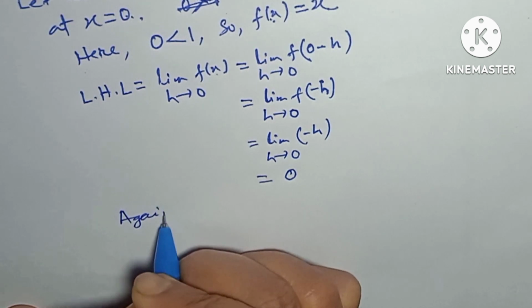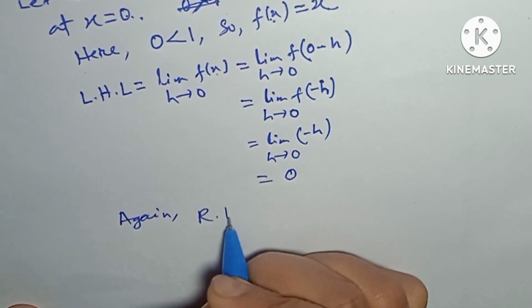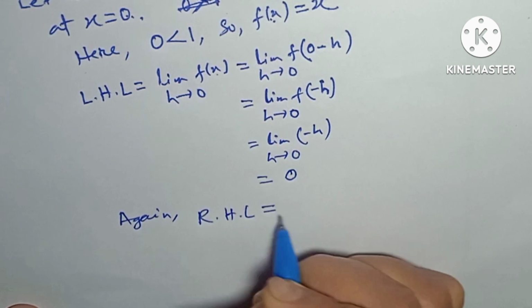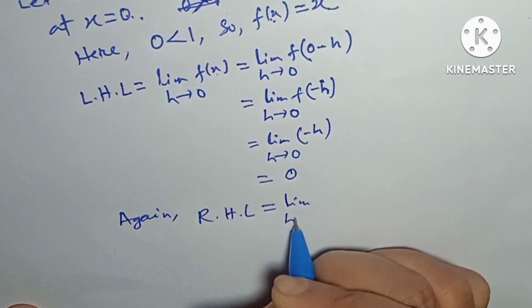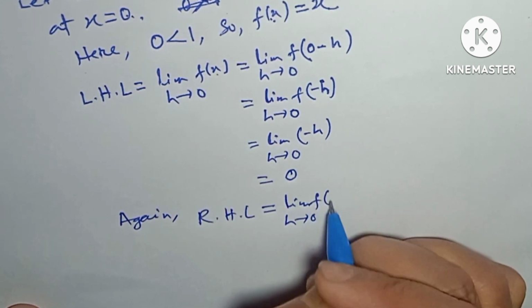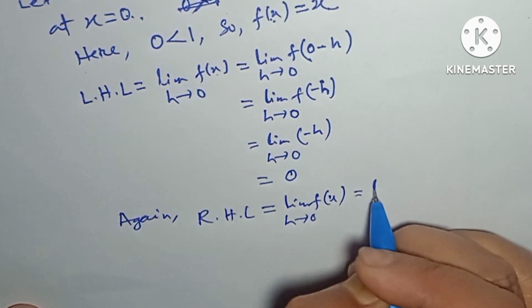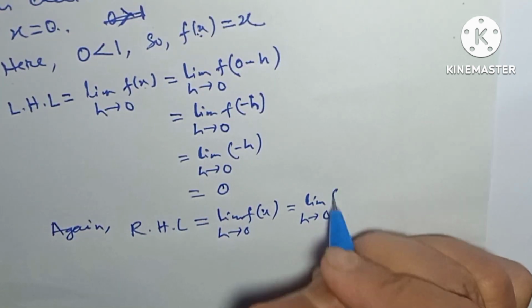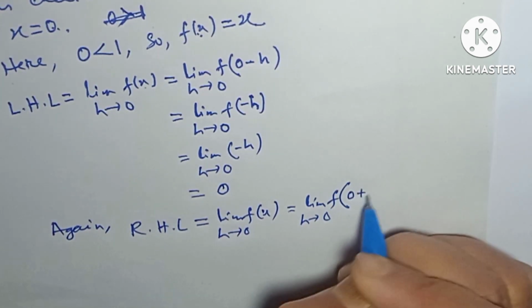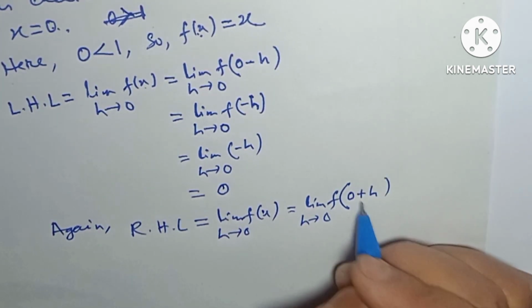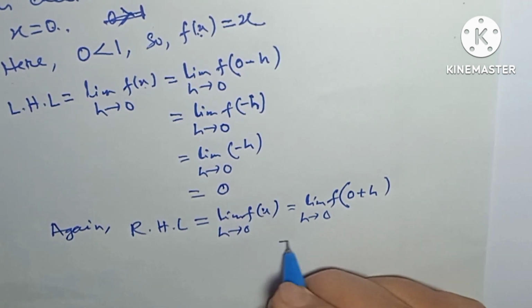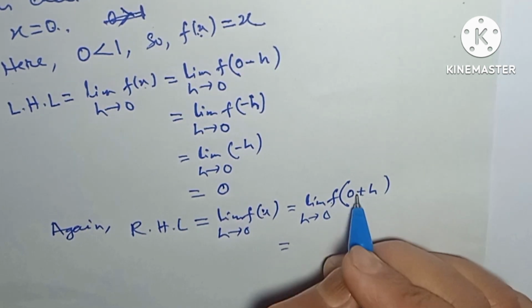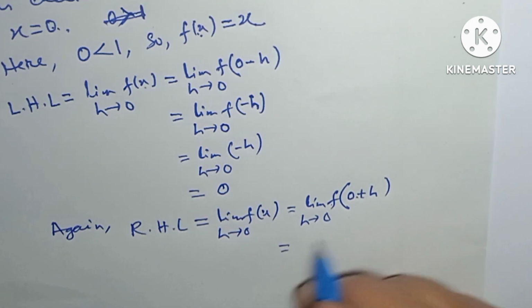Again, right hand limit equal to limit h approaches 0 f of x equal to limit h approaches 0 f of 0 plus h. That means from the right hand side, f of x is equal to x.